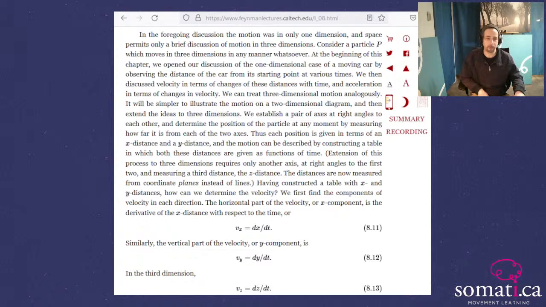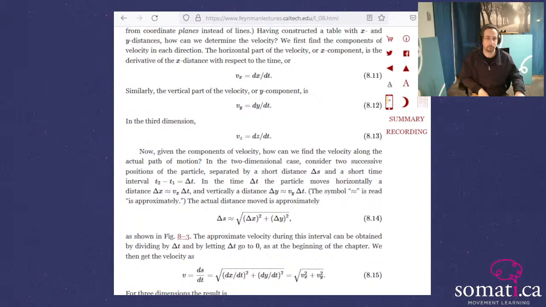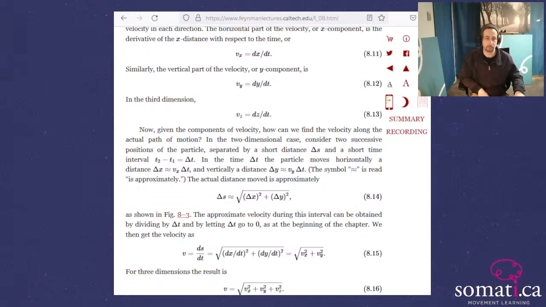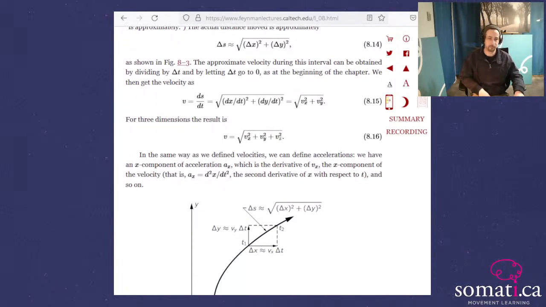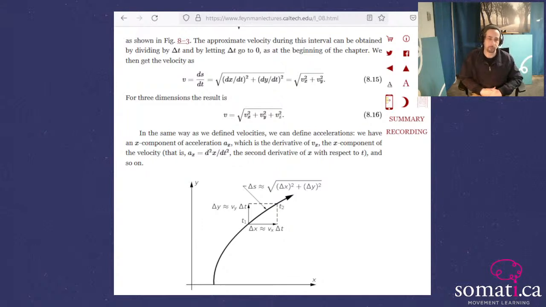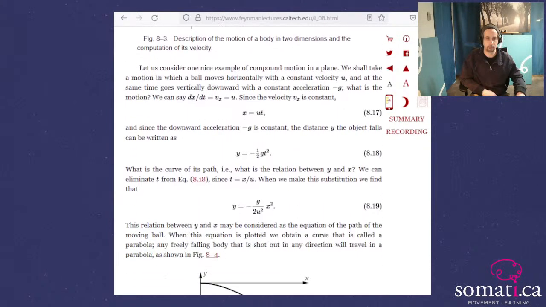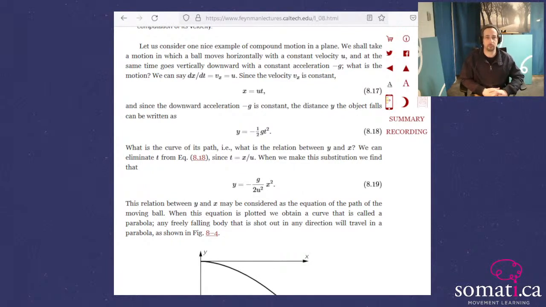Okay, so then he gets into components. Okay, so then some projectile motion type stuff.